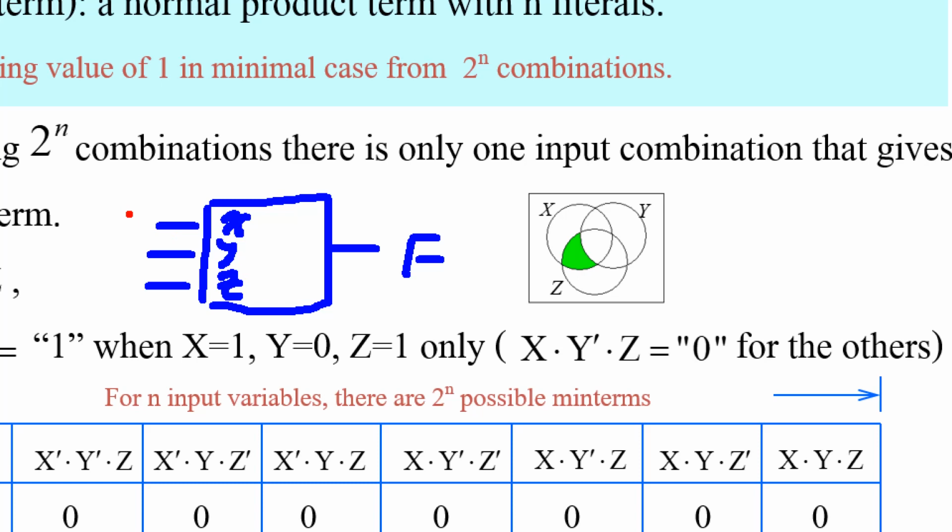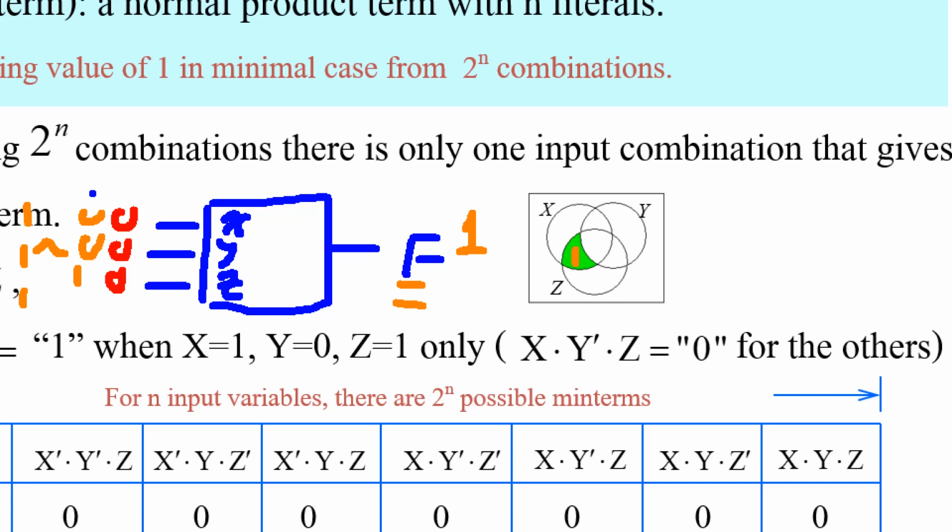Of course, 8, right? 0, 0, 0, 0, 0, 1, until 1, 1, 1, for the values of x, y, and z. So the minimum case that makes the output, or the value of the function, 1 is called a minterm.